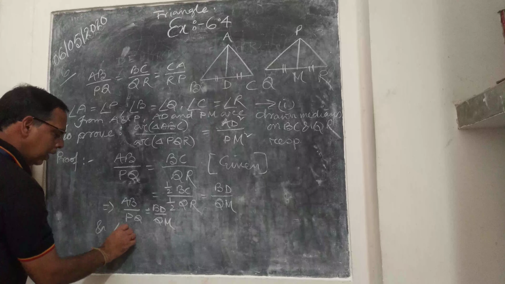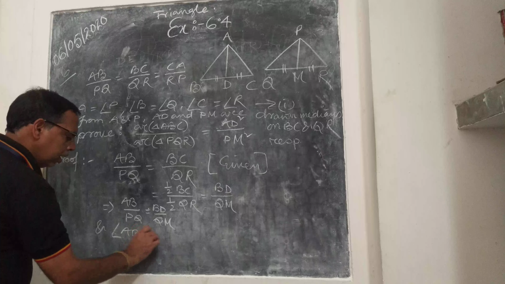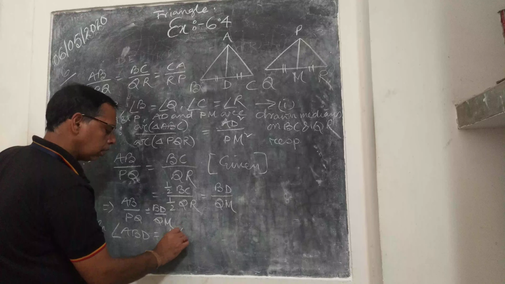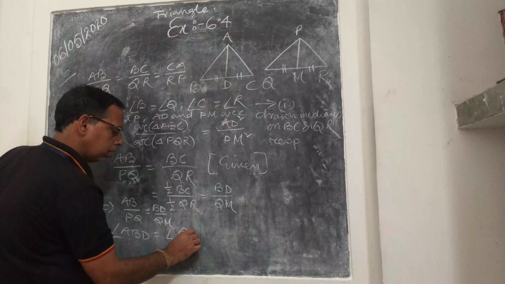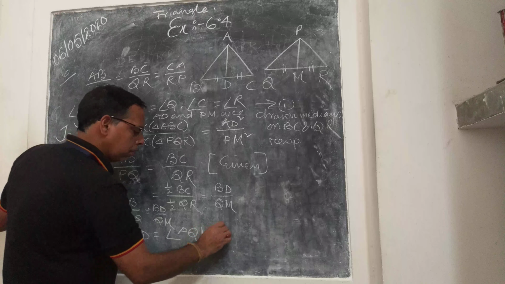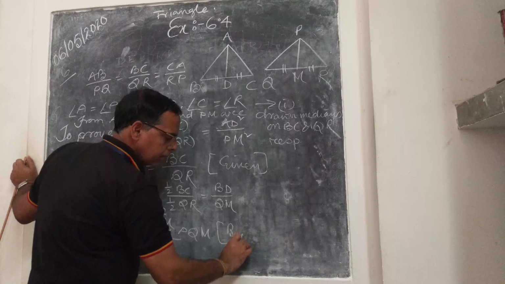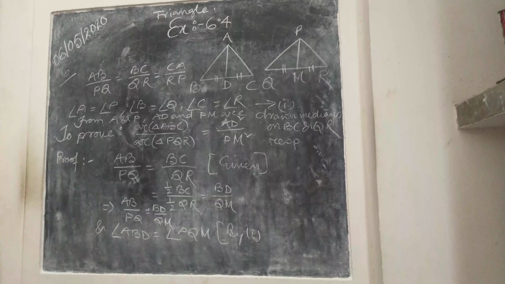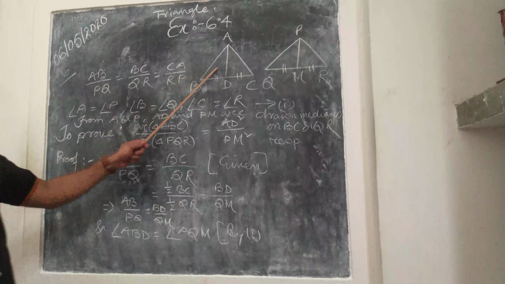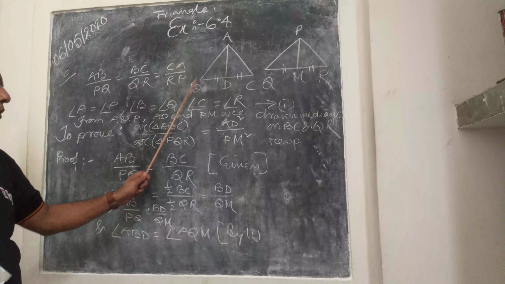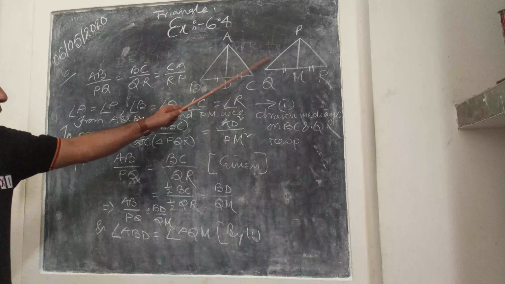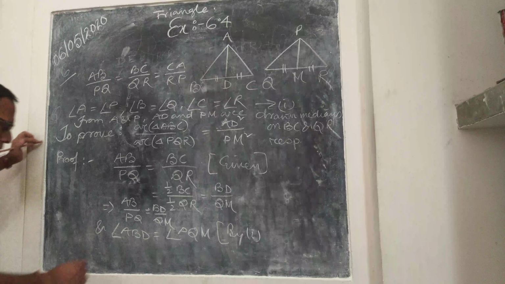and angle ABD equal to angle PQM. Got it? So we got the ratio AB by PQ equal to BD by QM, and angle B equal to angle Q. Then what happened?